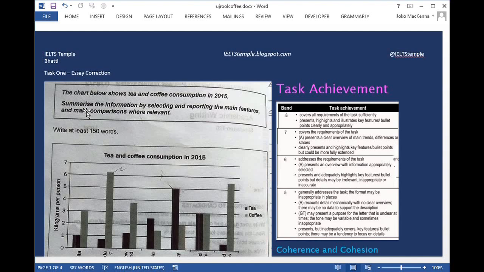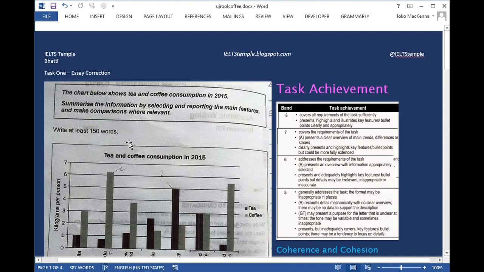Let that guide your writing. Okay, selecting. You've already been told what to select. Just look for the highest and the lowest. Just look for the extremes when choosing your overview. This bugs me. And reporting accurately the main features and making comparisons.